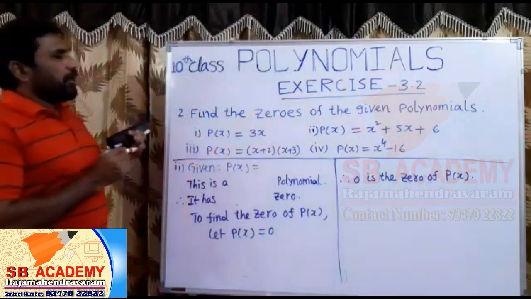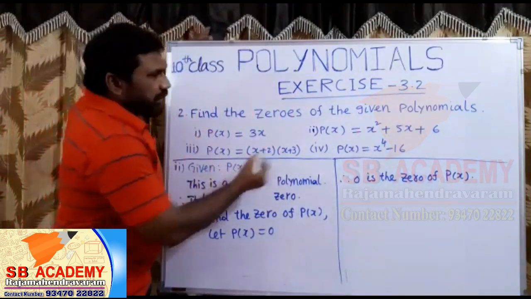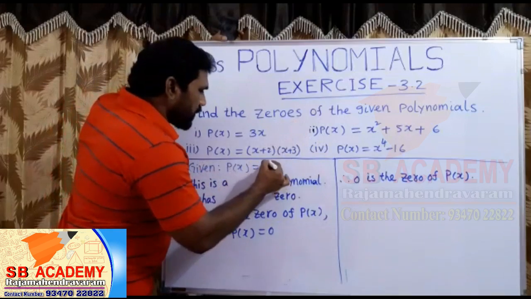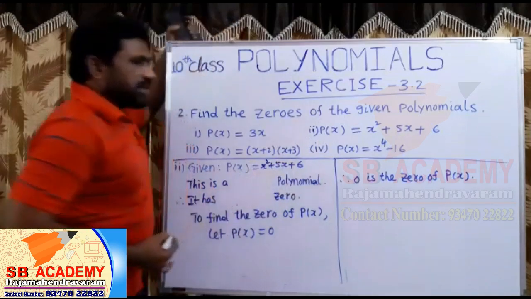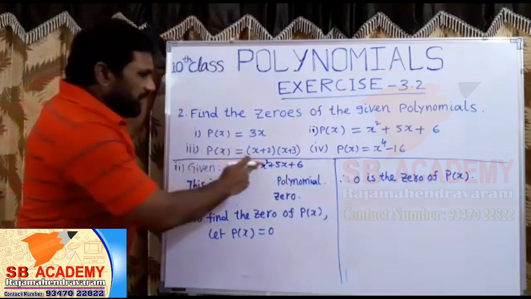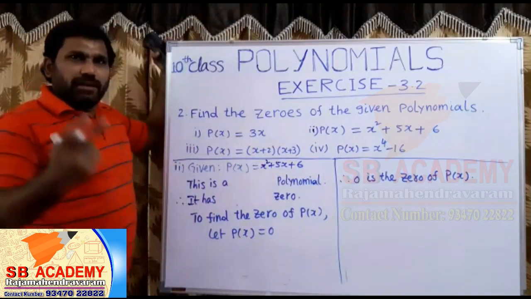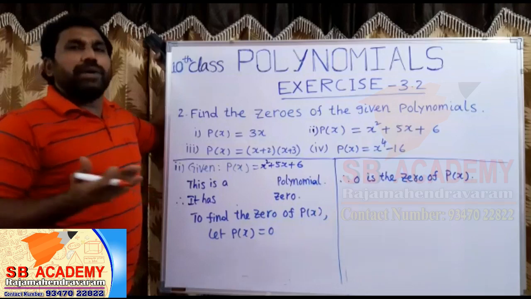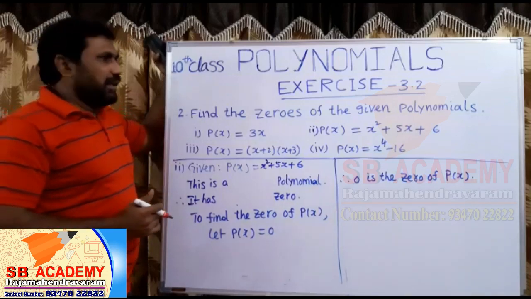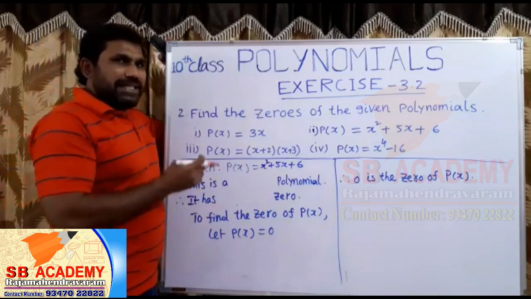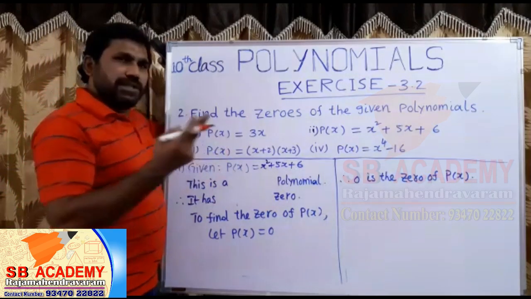Observe the second problem. Given p of x equal to how much? x square plus 5x plus 6. What is the degree of this polynomial? 2. How can you say 2 is the degree of the polynomial? Because the highest exponent of the terms is 2.